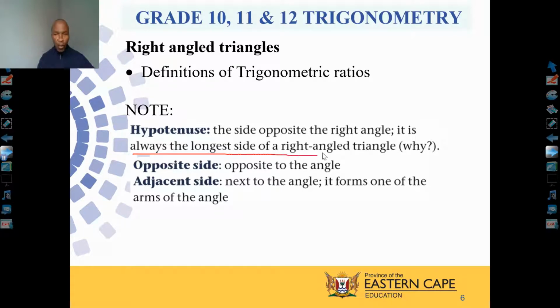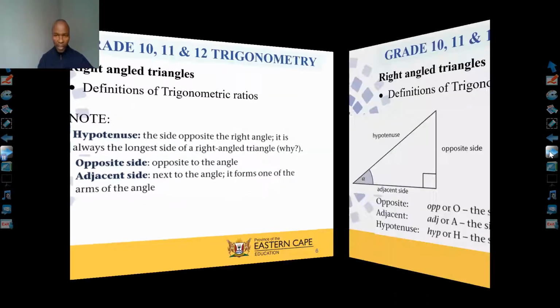And if we talk of an opposite side, we must pick an angle and say we are talking about this angle, and then we look at the side opposite to that angle. Adjacent side is the side which is next to the angle, and it is one of the arms of that particular angle we are talking about, right?